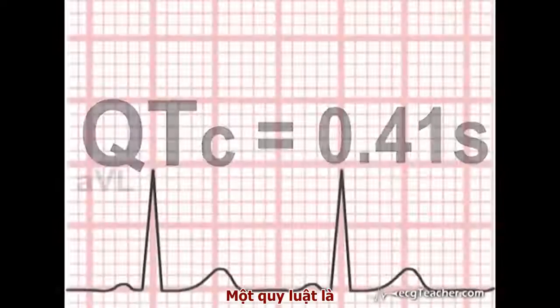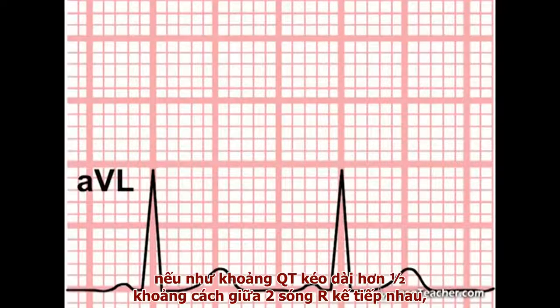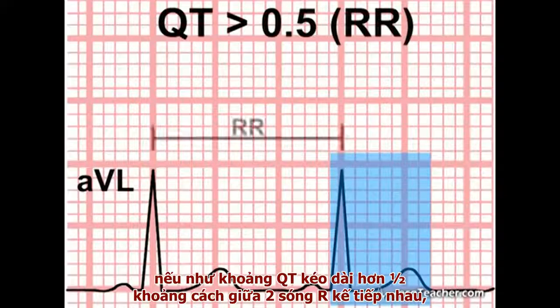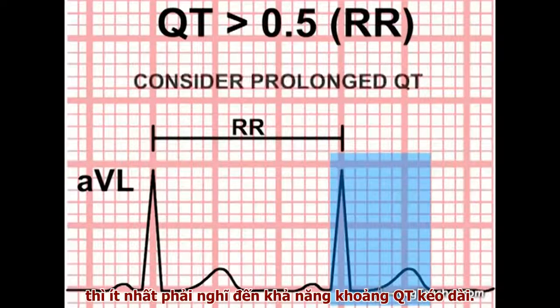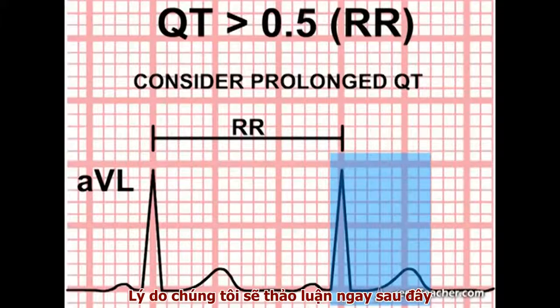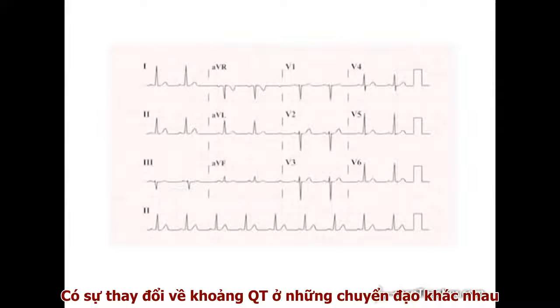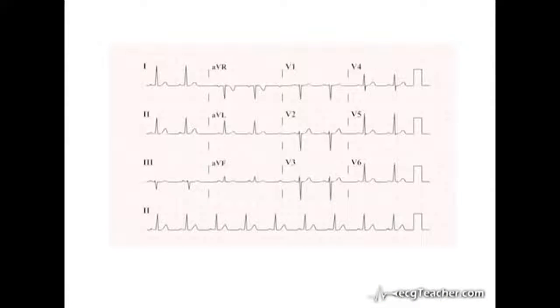To give you a simple rule of thumb, when you look at an ECG, if the observed QT interval is more than half the RR interval, at least consider the possibility of prolonged QT. The use of AVL in this example is quite deliberate. For reasons we will discuss in a moment, there is variation in the length of the QT interval between different leads.